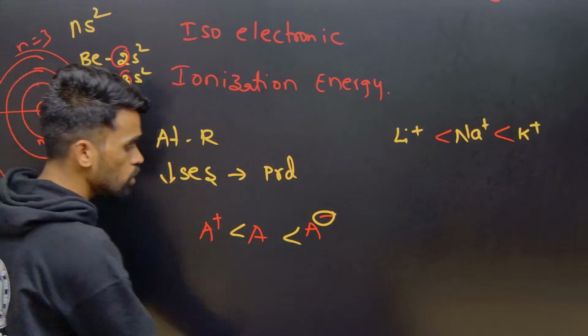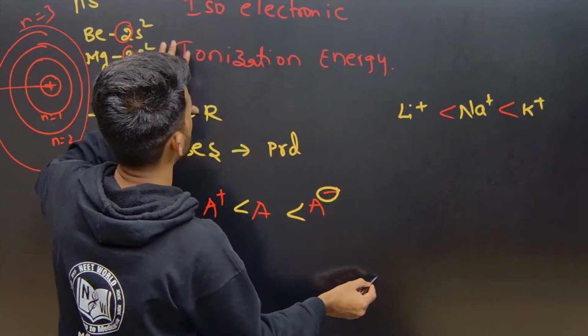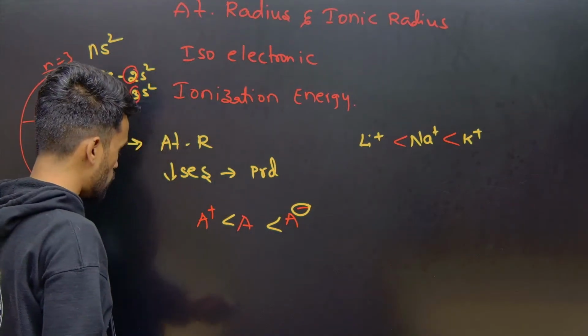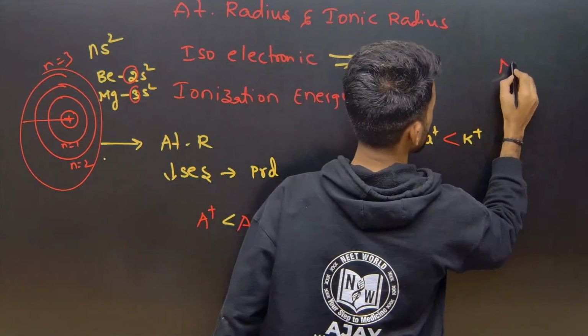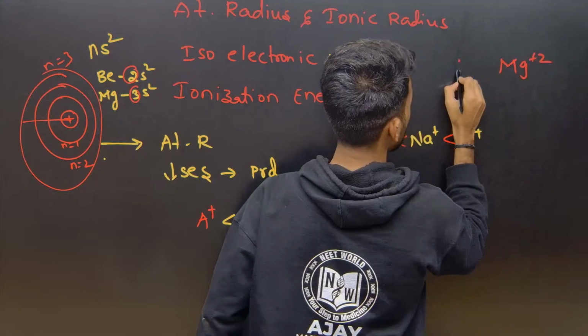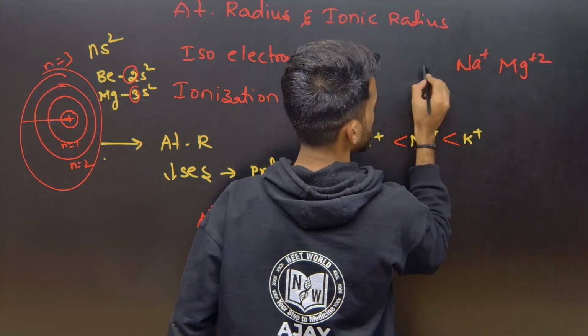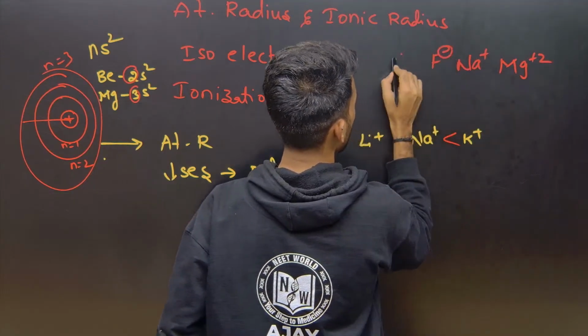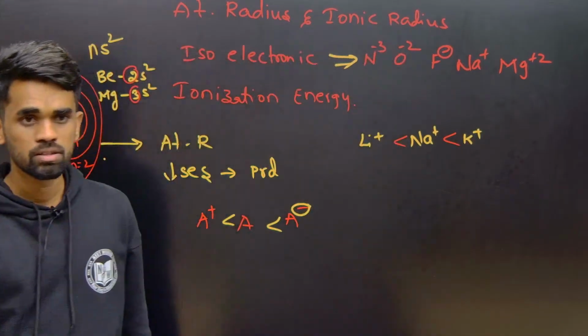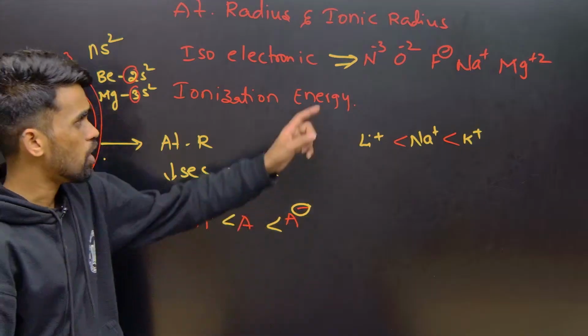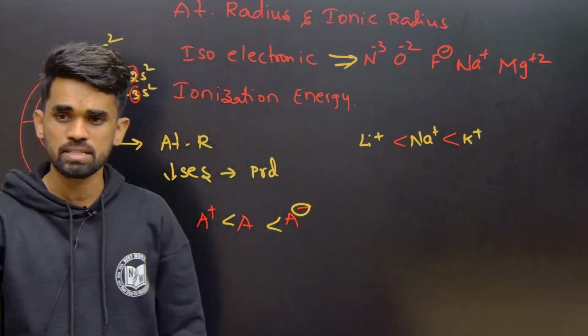Now if I take isoelectronic species, for example what we considered yesterday: Mg2+, Na+, then F-, O2-, N3-. Tell me their order. First, how many electrons are there in these species?